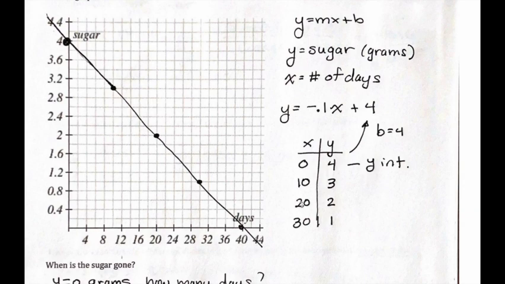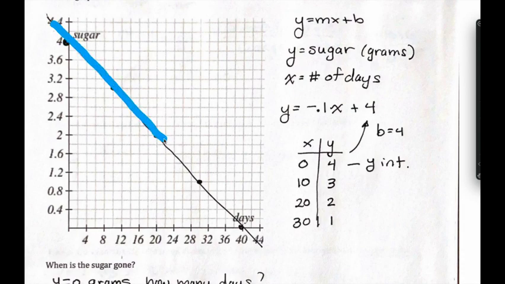When I plug in 20, I get 2, and when I plug in 30, I get out 1. So when I plotted these points, I got a picture. When I trace it left to right, it goes down, which matches the slope. Remember, if it's a negative slope, it should go down left to right. So this picture makes sense with the situation.